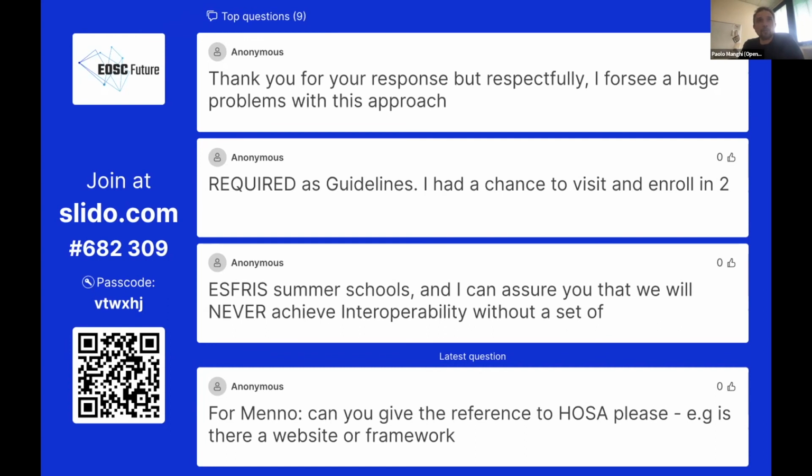So again, we called in the past OpenAIRE guidelines, and we have thousands of repositories, as Alan was explaining, that are compliant to those. And this is the case in many other contexts. So they imply technical requirements. They're called guidelines because typically they are a set of standards with instructions on how to use such standards. So we didn't know how to call this container, but they are technical.